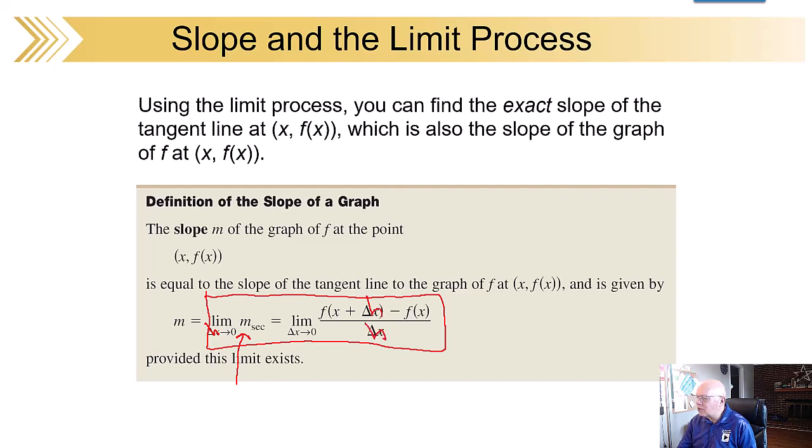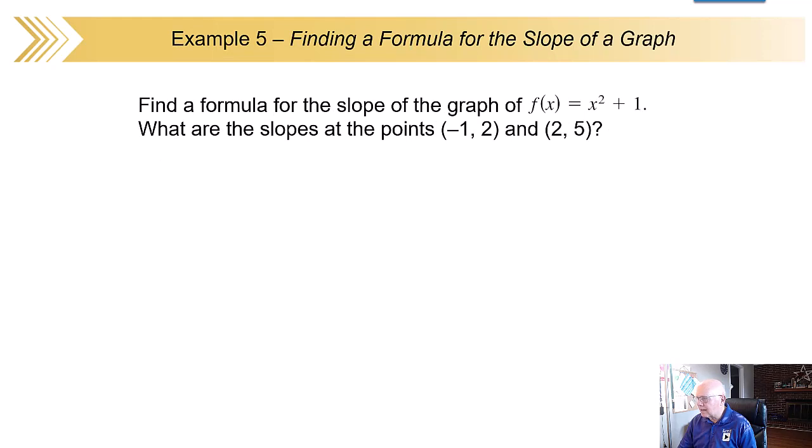And all you need to do is take this f of x, fill in the difference quotient, and take the limit as h approaches 0. If the limit exists, of course.